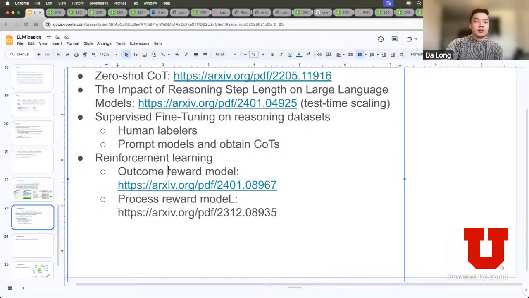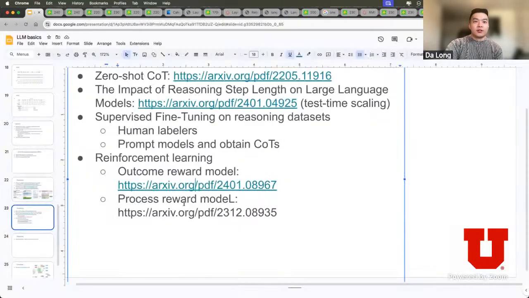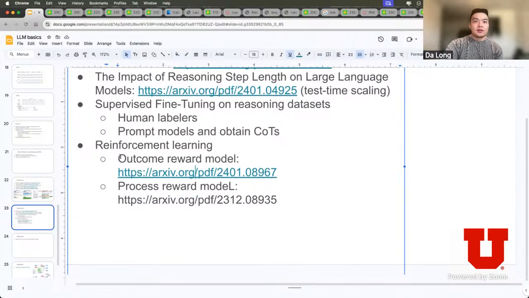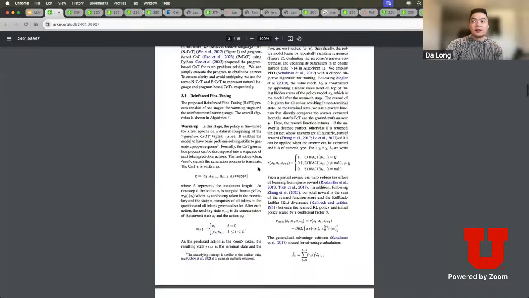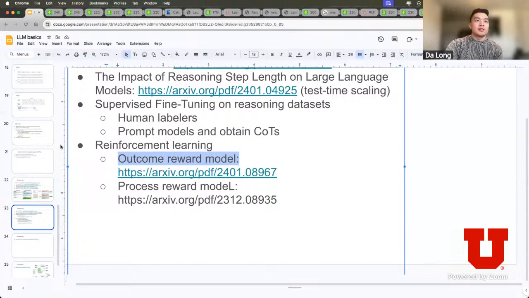Okay, so also people started to use reinforcement learning to get the chain of thoughts. So there are two different directions. The first is the outcome reward model. So it just means the reward is given when the whole answer is generated, just like how we discussed in the PPO stage, the final reward is given just to the last token, only when the answer is obtained.